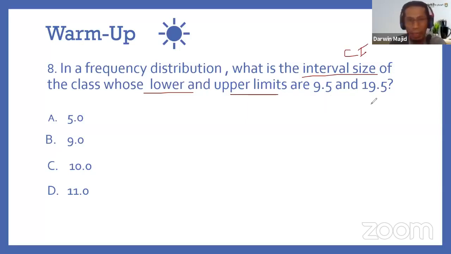Subtract the lower from the upper. Upper limit minus lower limit. Okay, that is your class interval. So 19.5 minus 9.5 equals 10. The answer is 10.